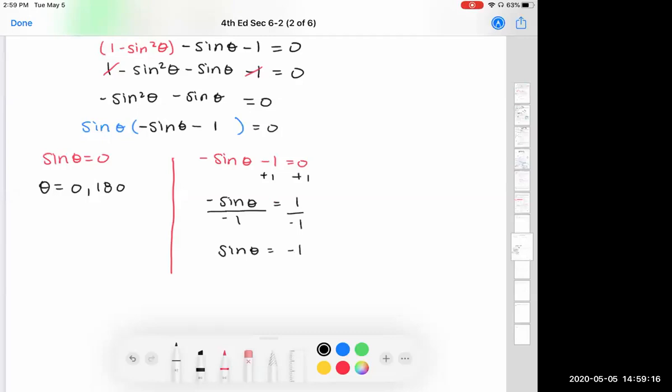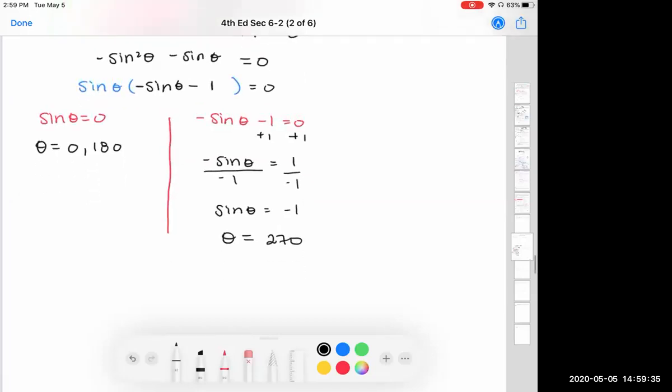When is sine negative 1? Sine is negative 1 only at 270. I was going to say 180, I was like, that's not right. 270. So lastly, we can say that our answer is theta is equal to 0, 180, and 270.